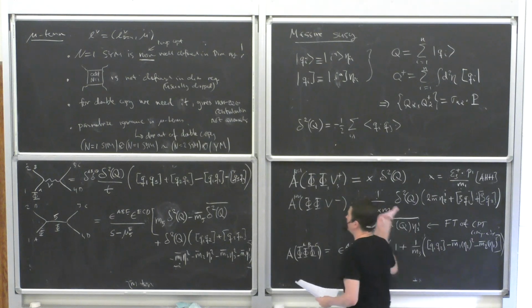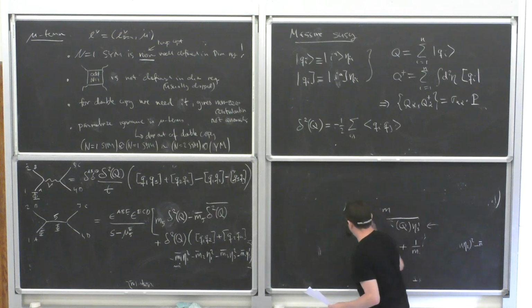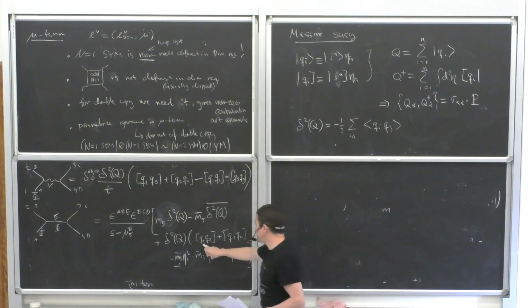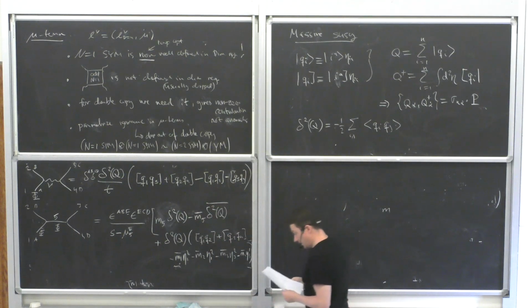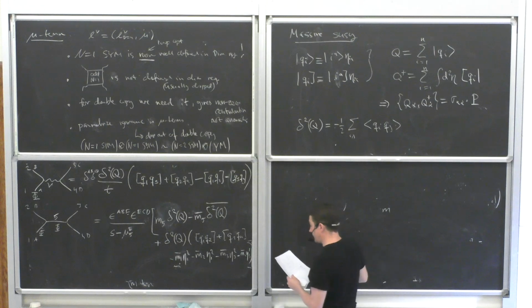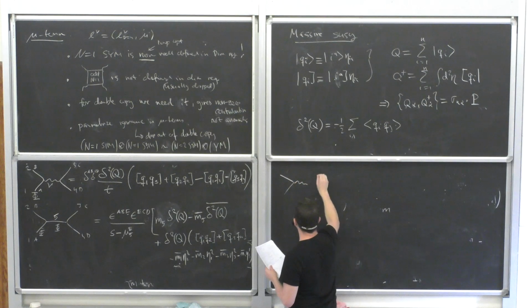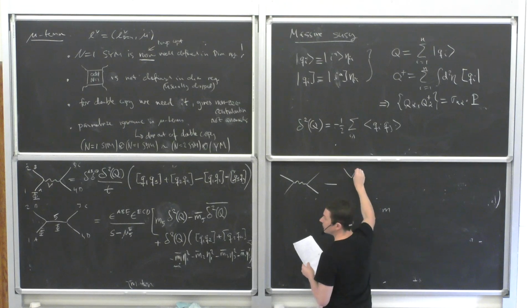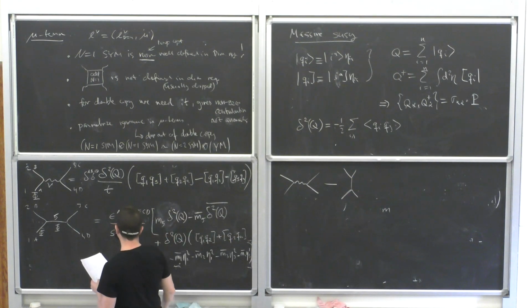Now, the reason I wrote them down is because now you see that they're actually kind of similar. This here is very similar to this here, right? And in fact, that's not an accident. There's actually an identity satisfied here. So the identity is the following: if I take that diagram and then I subtract this other diagram, actually I think I labeled them incorrectly.